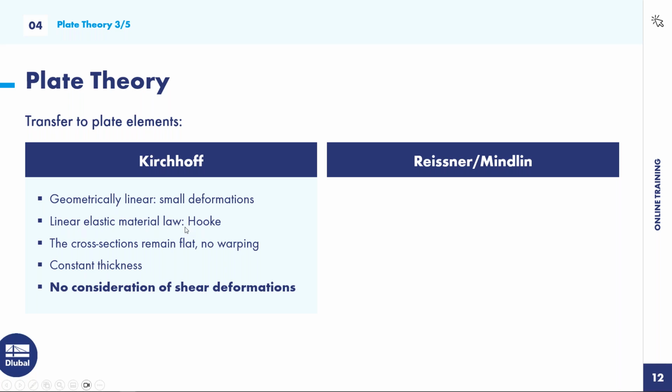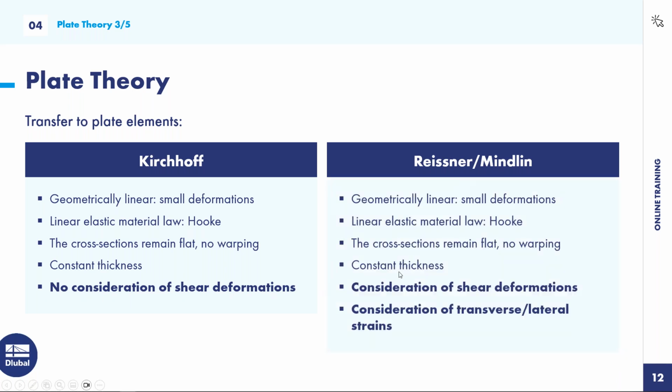We have a linear elastic material law according to Hooke, and we have the cross sections remain flat, not warping. We have a constant thickness, and the main thing, this is why this is bold here, no consideration of shear deformations. On the other hand, the same thing goes for Reisner-Mindlin, except we do consider shear deformations here, and also we consider transverse and lateral strains.